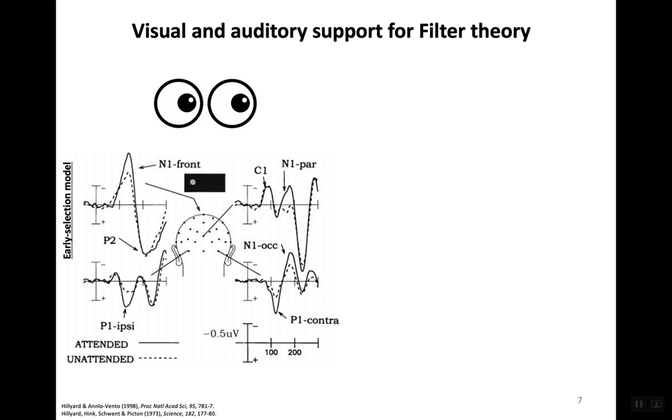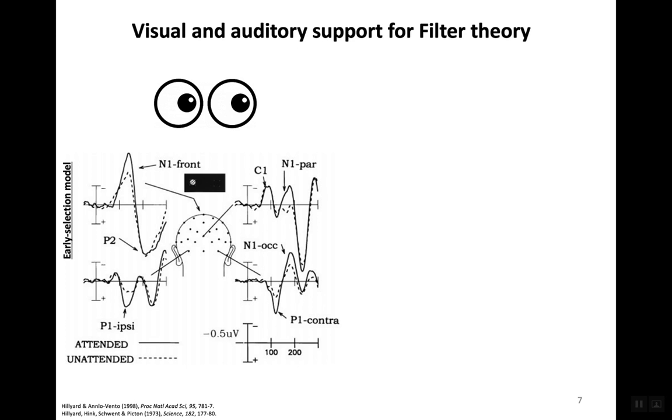And this is indeed good news for Donald Broadbent's theory of early selection. So it seems that whenever you're looking at a visual stimulus, an attentional amplification of neural processing occurs early, related to early visual processing, early visual areas.